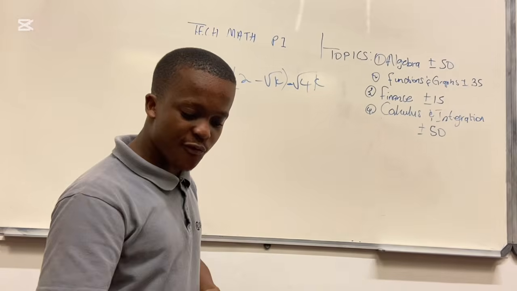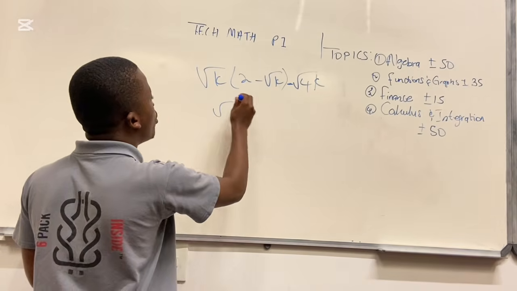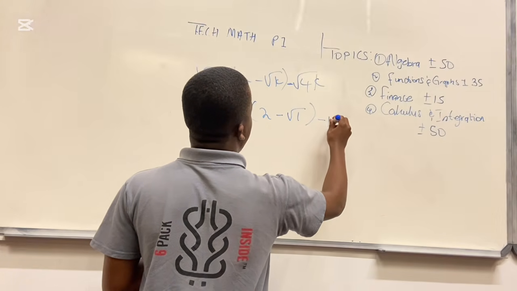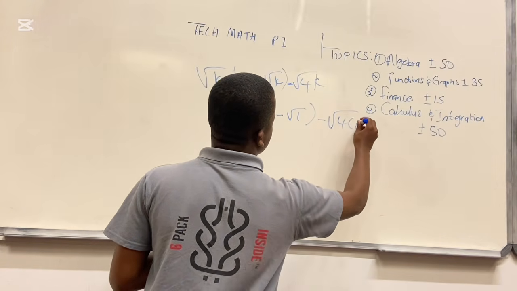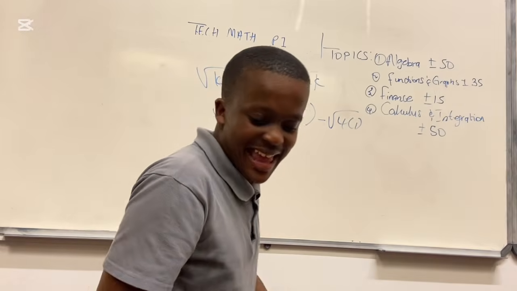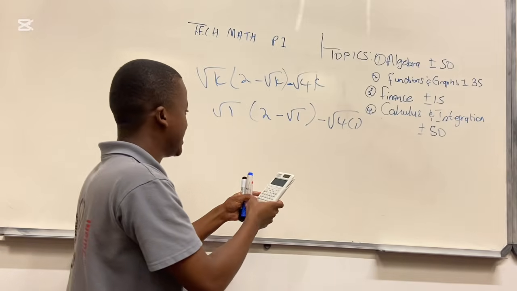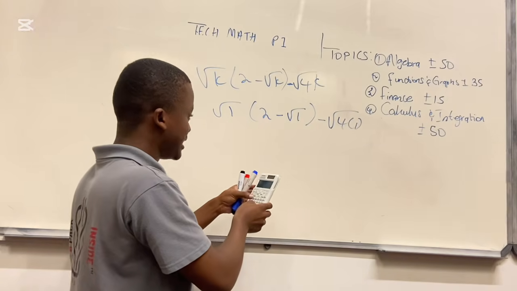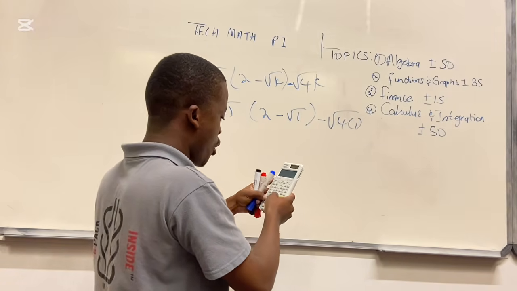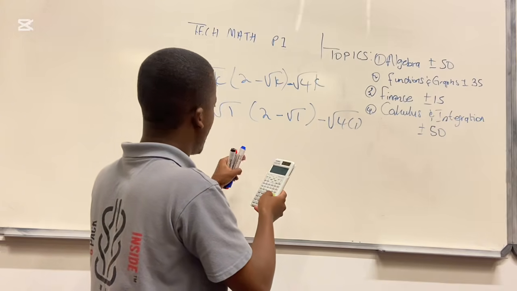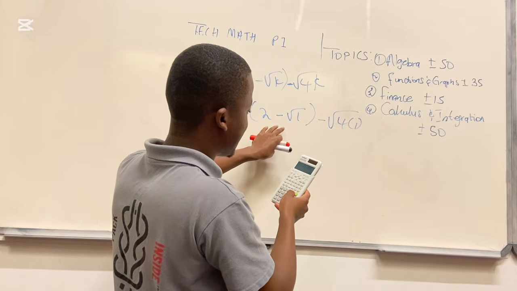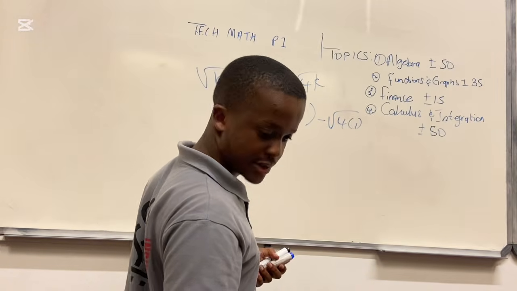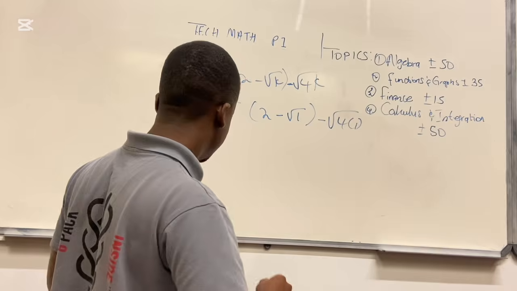For instance, square root of 1 times 2 minus square root of 1, minus 4 times 1. I get negative 1. I get negative 1.